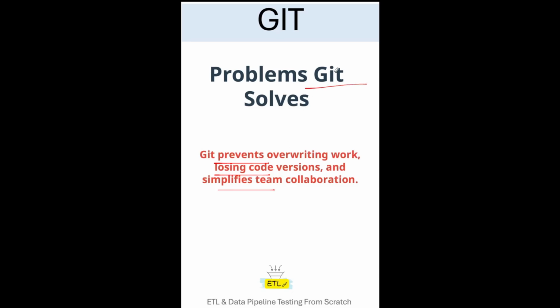But when Git comes, it allows you to maintain your changes as well as the collaborator's changes. And once you both merge, you have a single version of that file, but you can go and track who changed what.